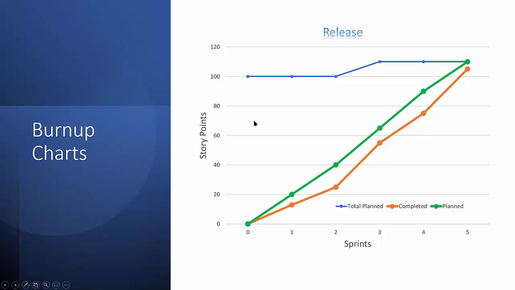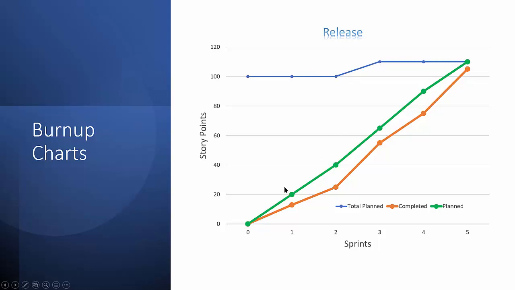So, for example, if we know that a whole release is composed of 100 story points worth of work, then we can track our ideal progress, the green line, and our real progress, the orange line, as we proceed. Imagine that by the end of sprint 2, we realize that actually we were wrong. The work is 110 story points worth, so sprint 3, there you can see that the total amount is increased because the customer changed their needs or whatever.